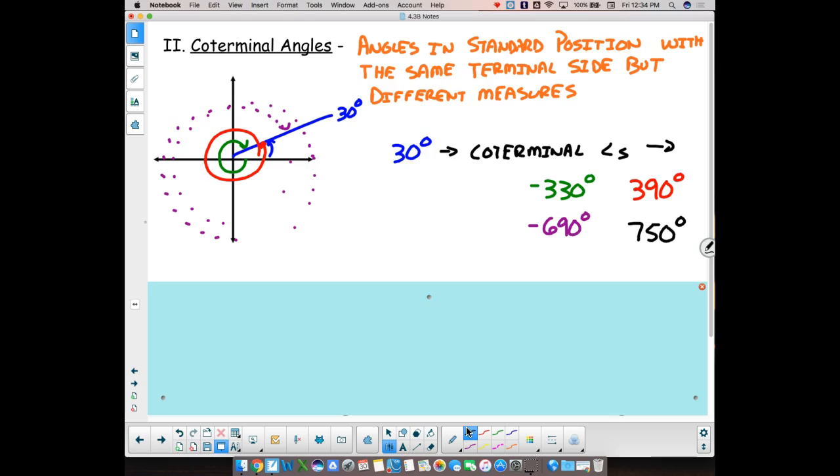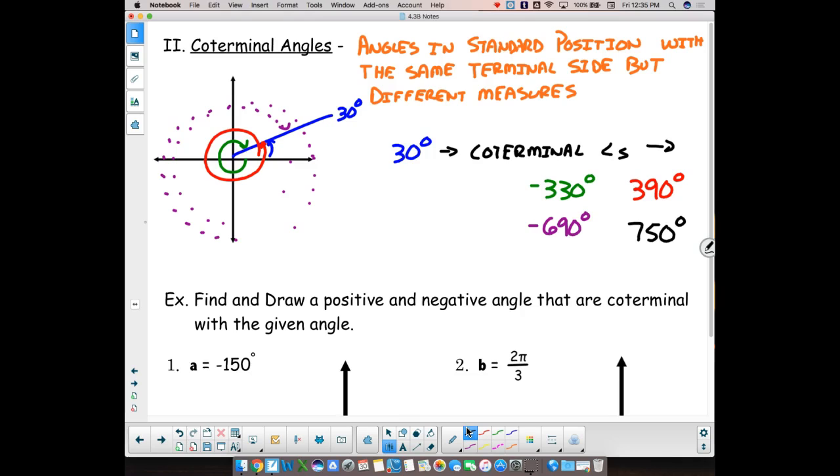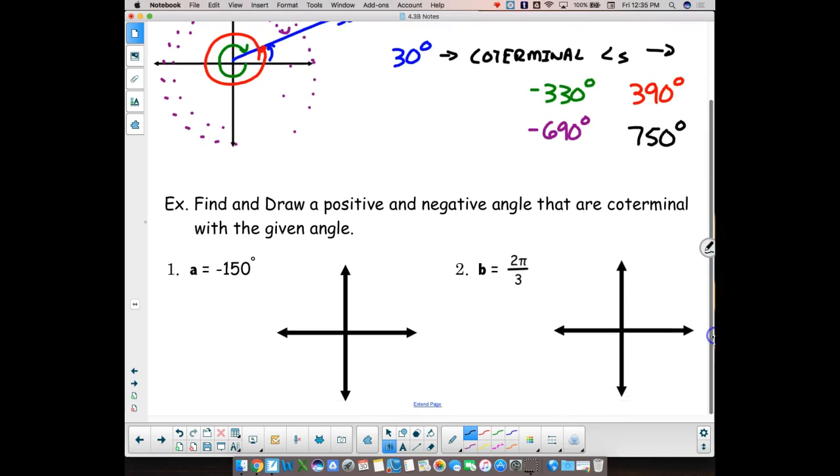So really the difference between all 5 of those angles is 360 degrees. What I would like you to do now is find me coterminal angles, one positive and one negative, for those two angles.